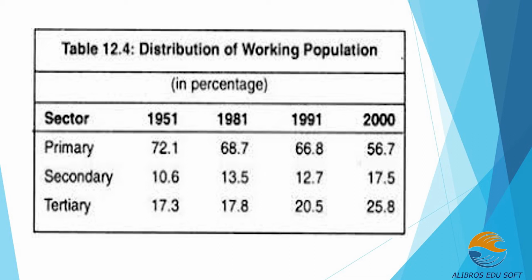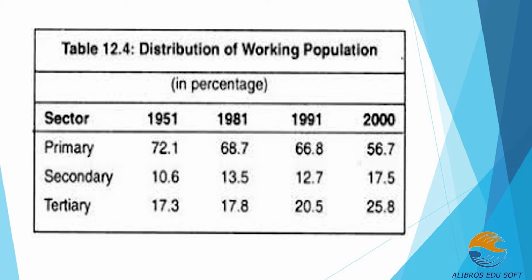When we closely analyze all three sectors, primary, secondary and tertiary: in primary, in 1951, during the implementation of the five-year plan, approximately 72.1% of the working population depended on agriculture.